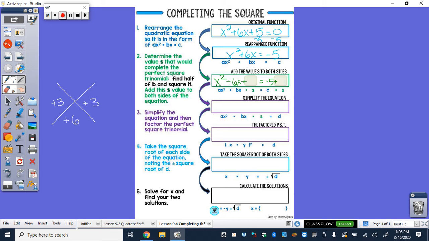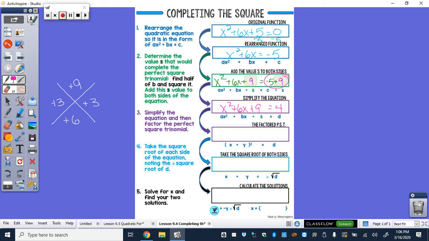And now we multiply those together. And we would get a 9. So 9 is what's going to go in the space. So +9, +9. So now we can add the right side of the equal sign together, and that would give us a 4.